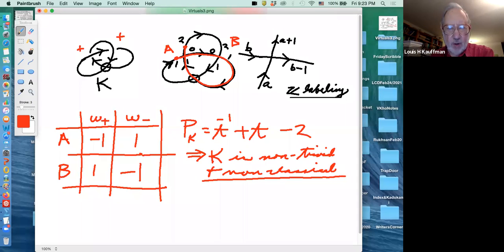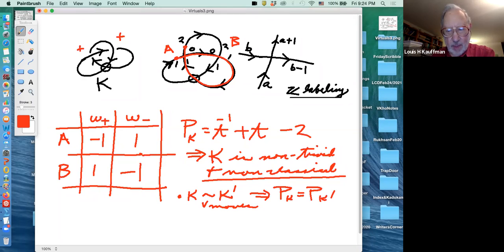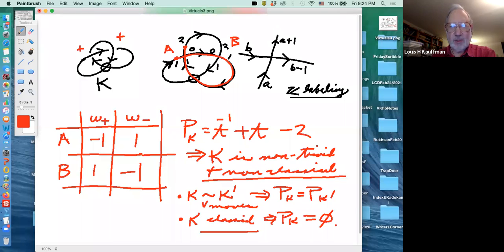Now, what do we know about this invariant? These are facts about the invariant. If K is equivalent to K prime by virtual moves, Reidemeister moves and Detour moves, then their polynomials are the same. If K is classical, then P_K equals 0. The reason for that is that in a classical knot, all the weights are 0.